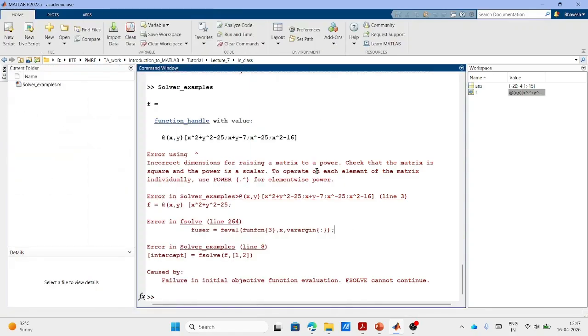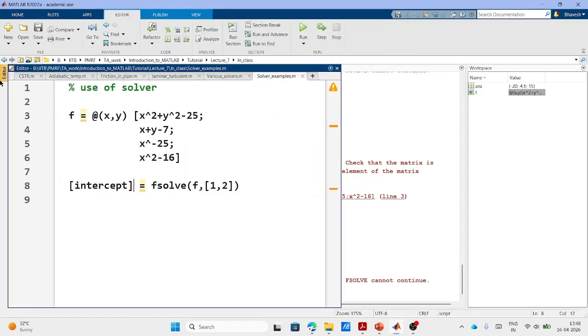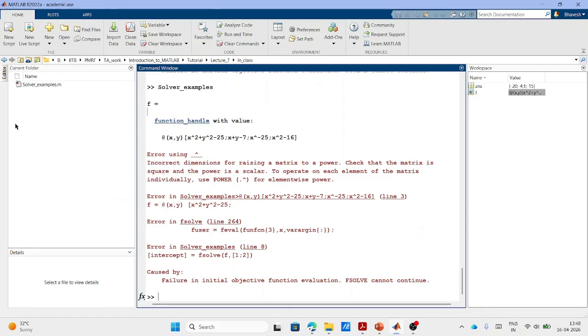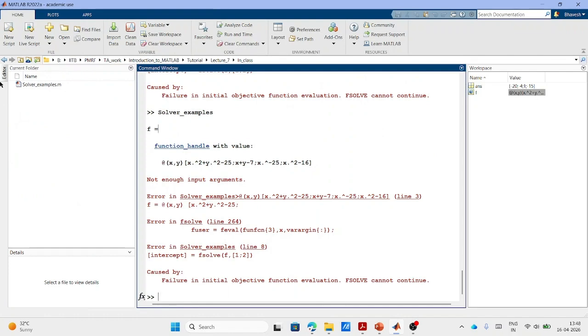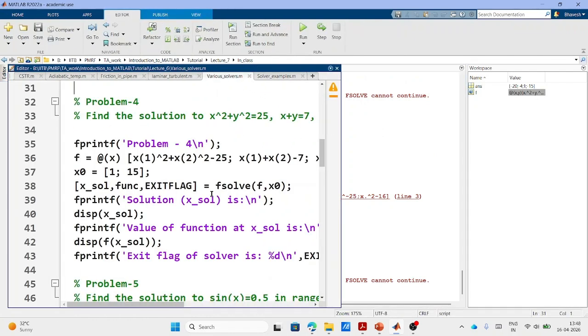Incorrect dimension for raising a matrix to a power. Check that the matrix is square and the power is scalar, or use the dot power on each element, which doesn't make sense. I don't know why I'm getting this error, but essentially it should work.